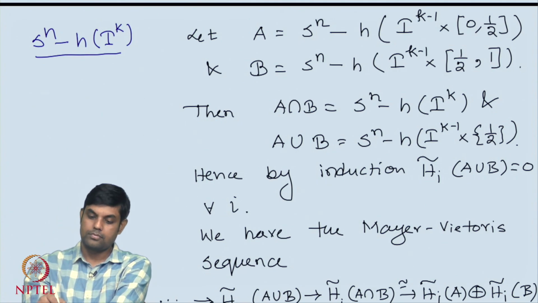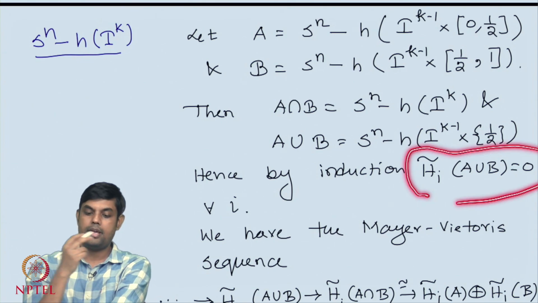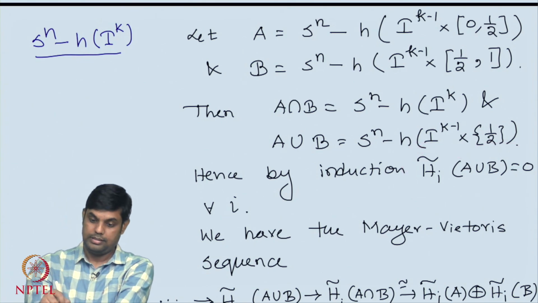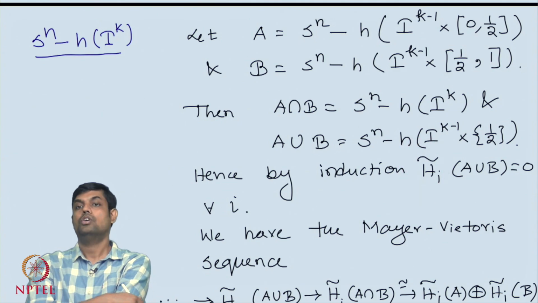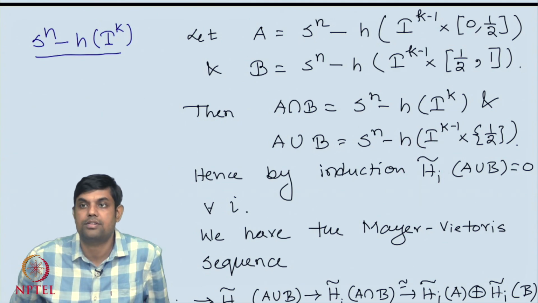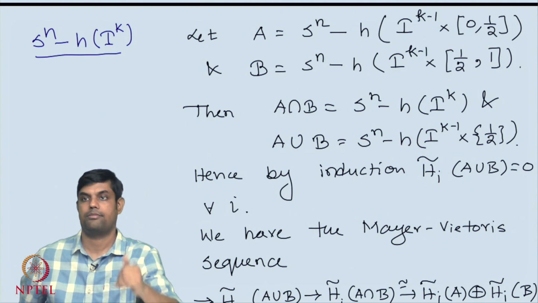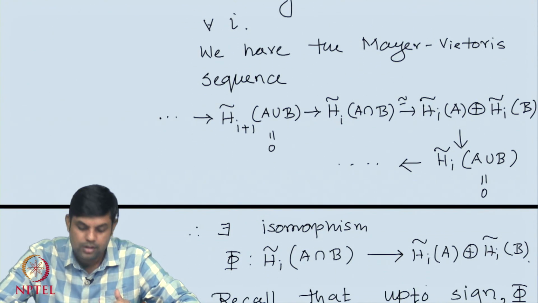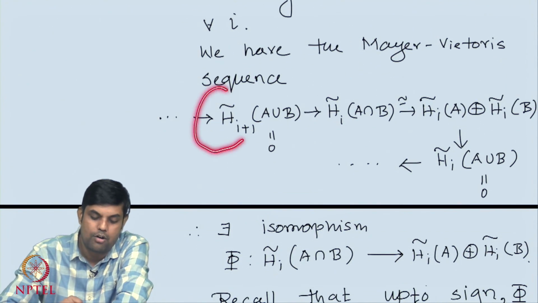Therefore H tilde of A union B is 0 for all i. This is a reduced homology, remember. So I can use the reduced version of the Mayer-Vietoris sequence, and we get the following.